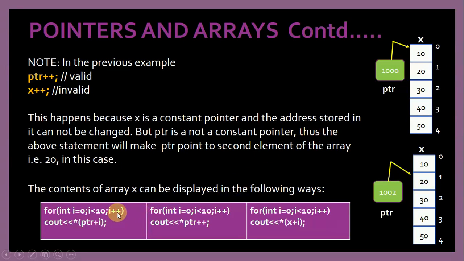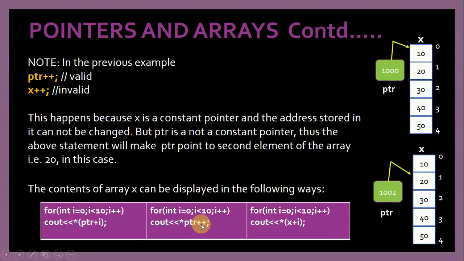When i is incremented again, i will become 2. This will become ptr + 2 and it will start pointing to the next element, and the content of this element, that is 30, will be displayed. This loop will work like this. It can also be displayed using for (int i = 0; i < 10; i++) cout << *ptr++.